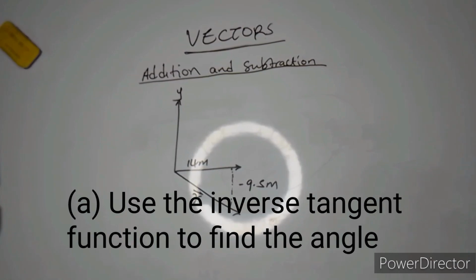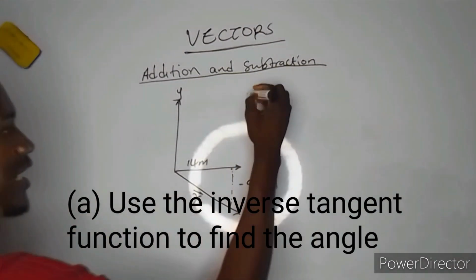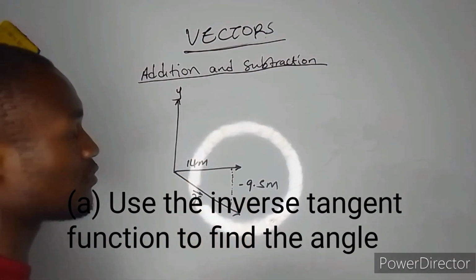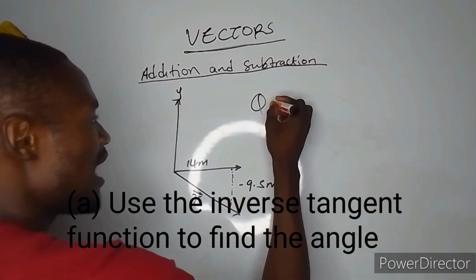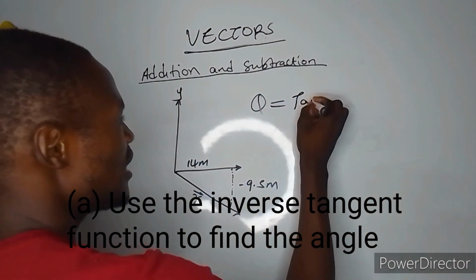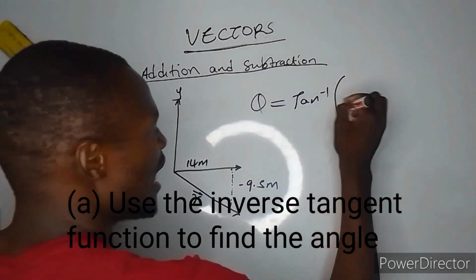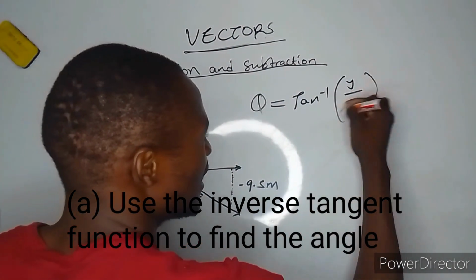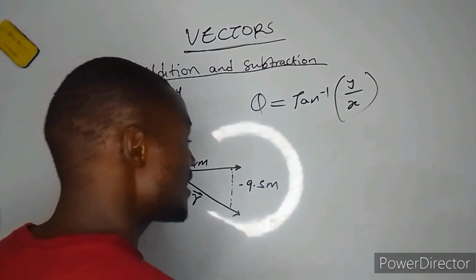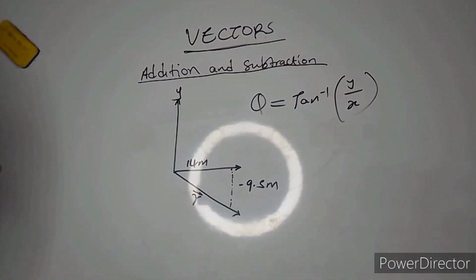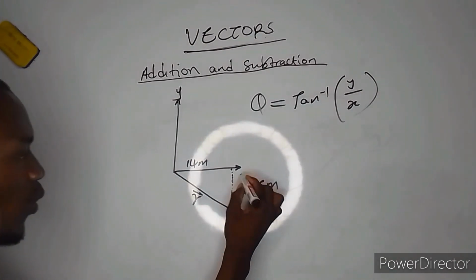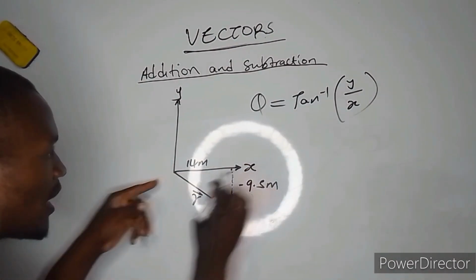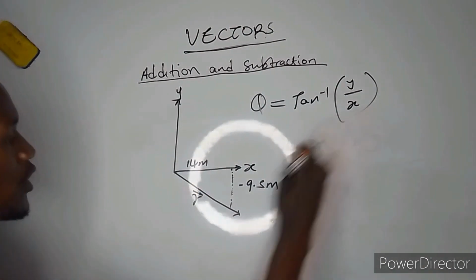We know that in the previous video, we said to find theta we need to use the inverse of tan, whereby we divide the y and the x components. Let's identify the y and the x component. We already know this is the x component here, so on the x we have 14.